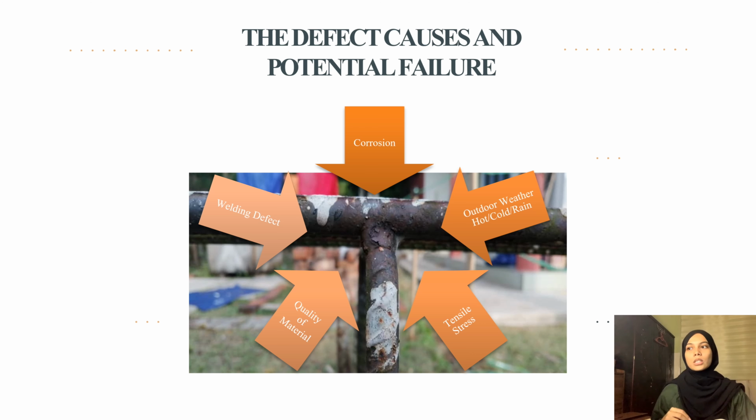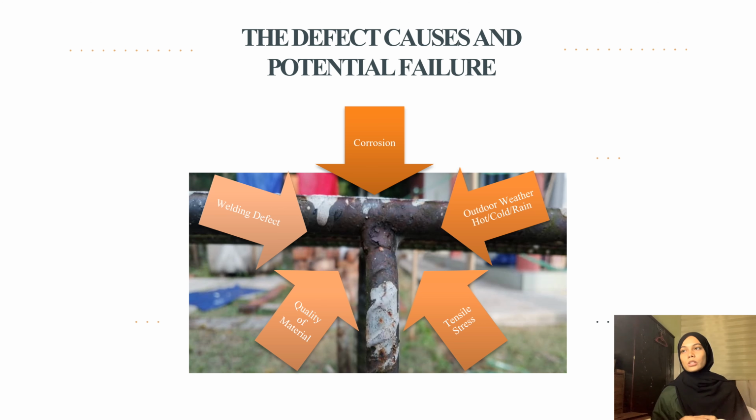As we can see, the shelf rack is made up of a bunch of mild steel iron rods, so it needs very delicate skill to join the iron rods, especially at the T joints. And as we can see on the slide, the potential failure is a crack, especially at the T joints of the mild steel iron rod.